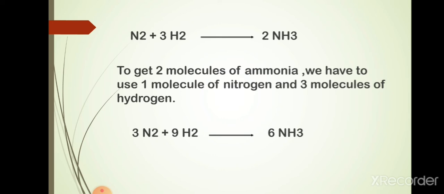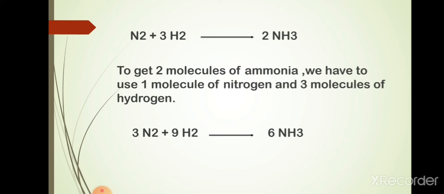If I want to make 6 molecules of ammonia, I have to combine 3 molecules of nitrogen with 9 molecules of hydrogen. We can write it as 3N2 + 9H2 gives 6NH3.